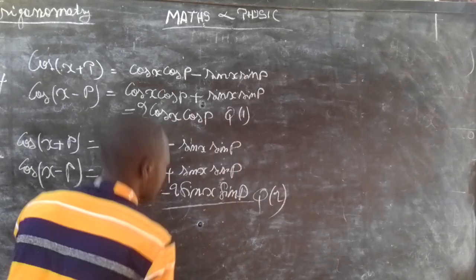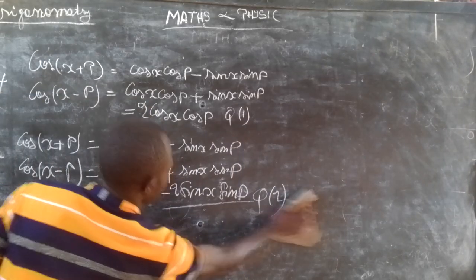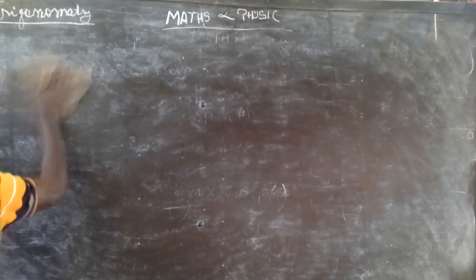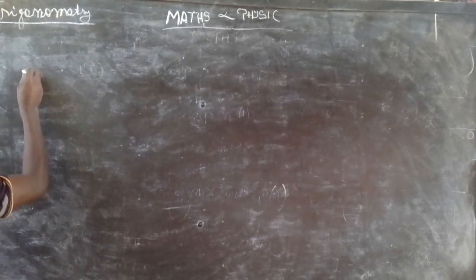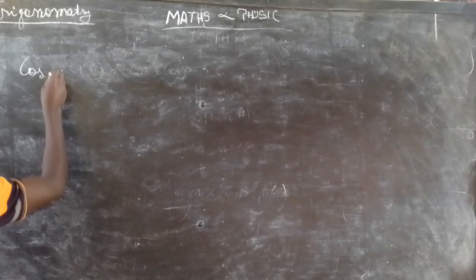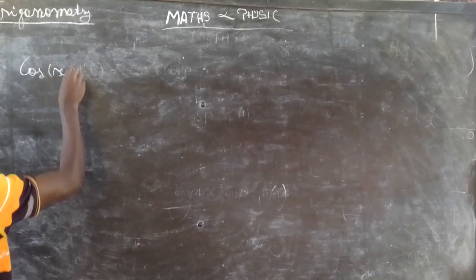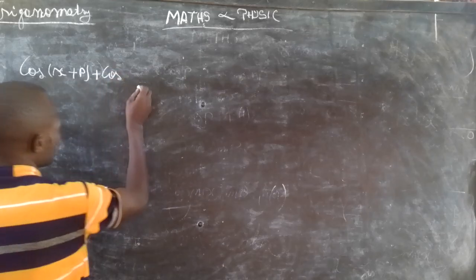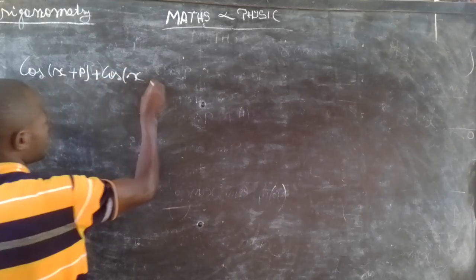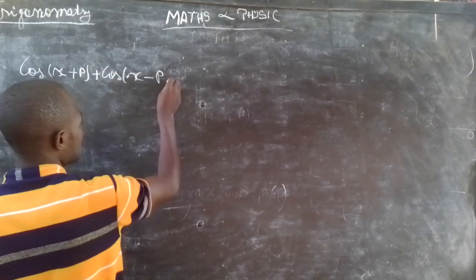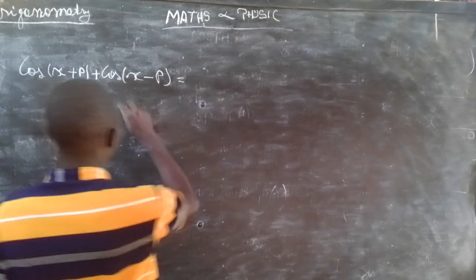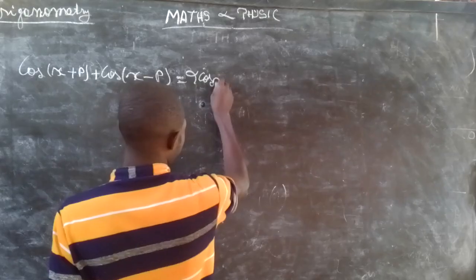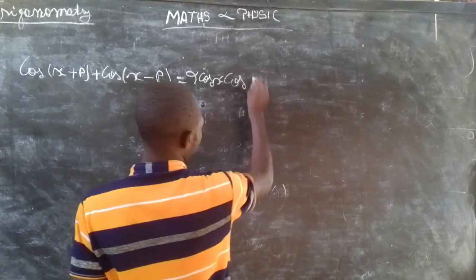So let's simplify this. Cosine of x plus p plus cosine of x minus p will give us 2 cosine x cosine p.